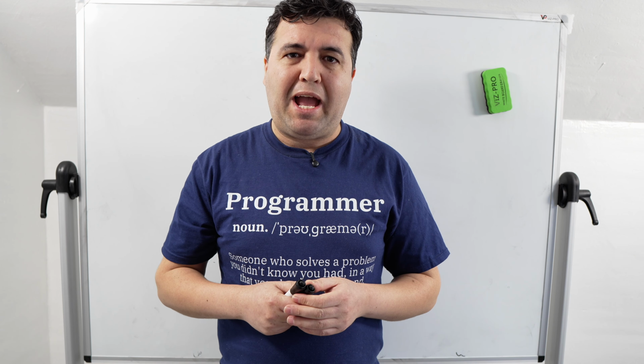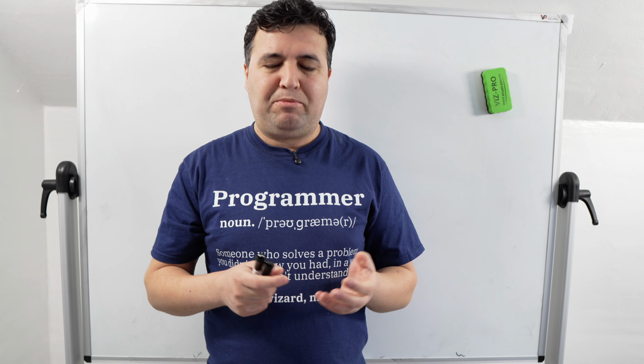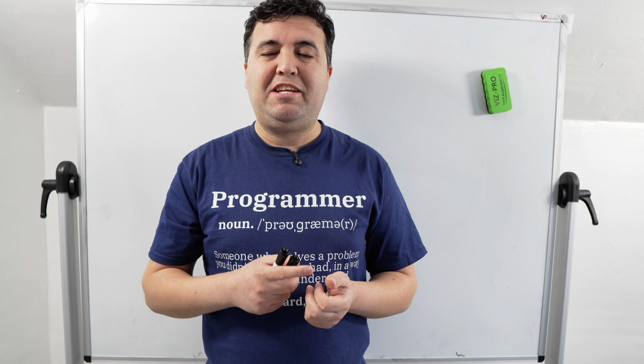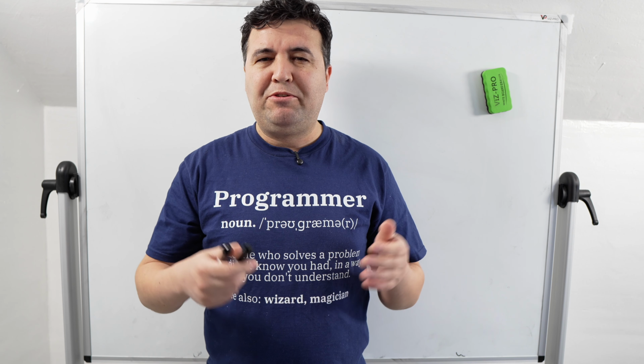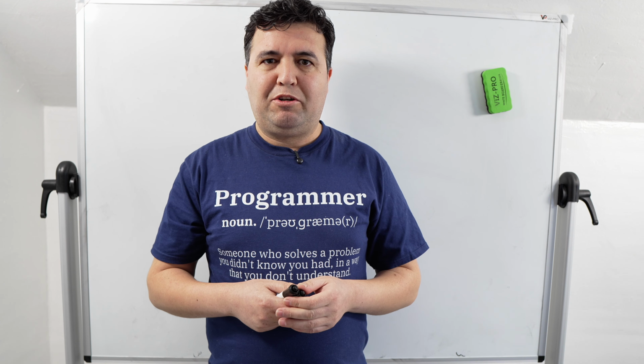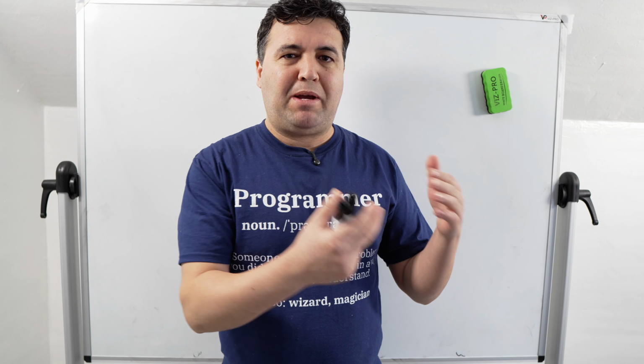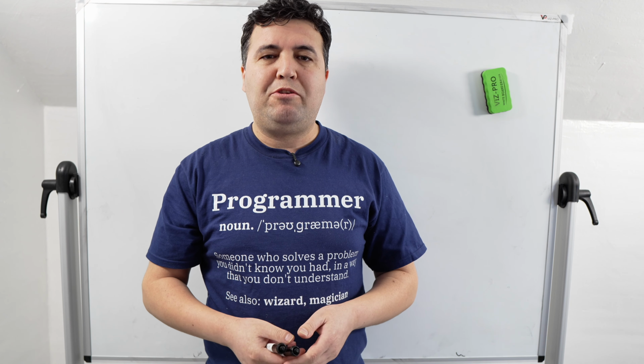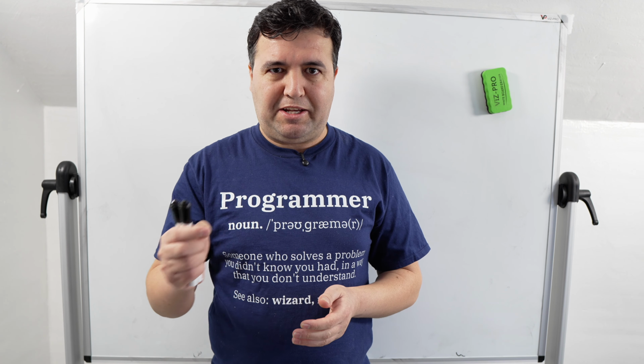In this program, we ask the user to enter a grade. And the grade should be A, B, C, D, or F. If the user enters A, which is a character, we give a feedback to the user. It says excellent.